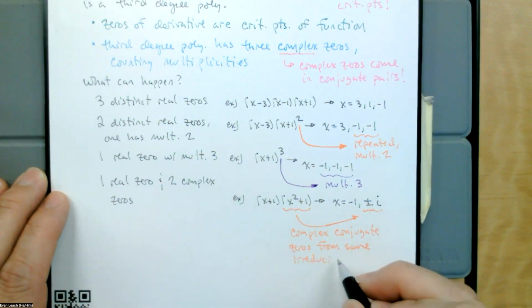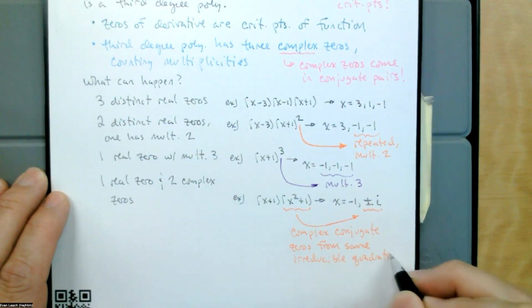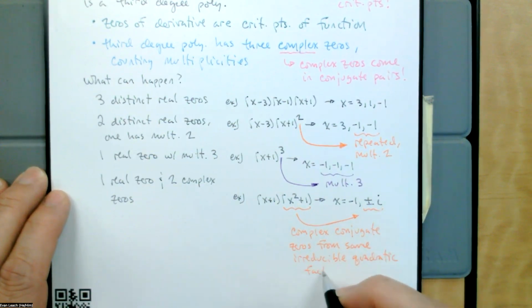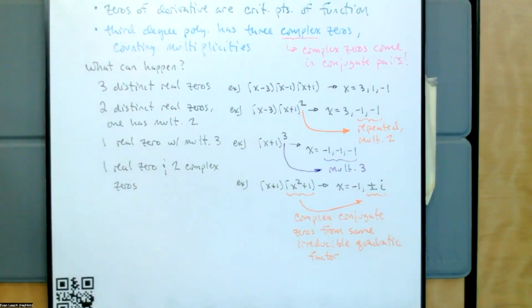Plus and minus I. The complex conjugate zeros will come from the same irreducible quadratic factor.